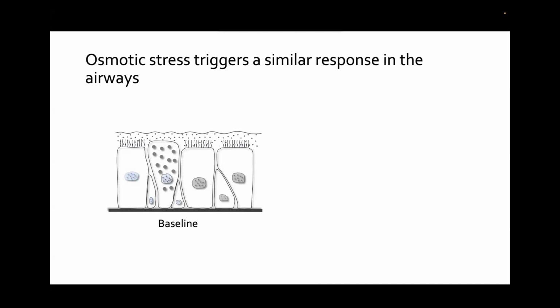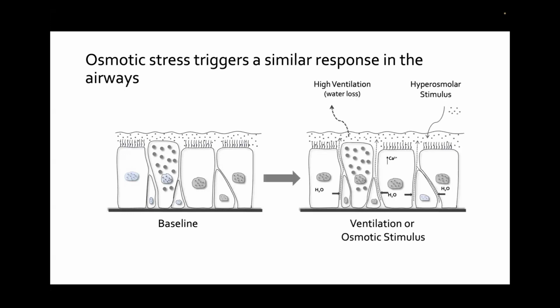And this is just a call out that, when you're exercising, it's generally thought that you bronchoconstrict because the high ventilation challenge causes you to lose water from the airway surface liquid above the epithelium. You can create a similar thing by adding a hyperosmolar stimulus, either hypertonic saline or mannitol, the two challenge tests.